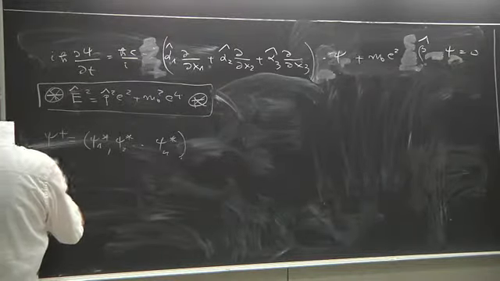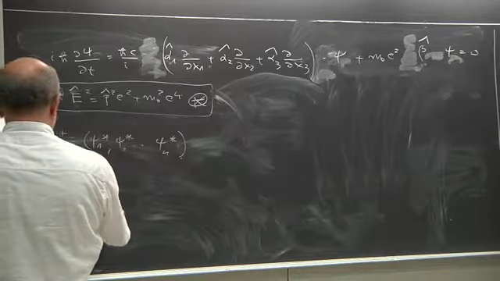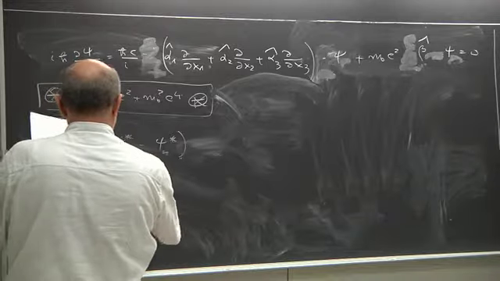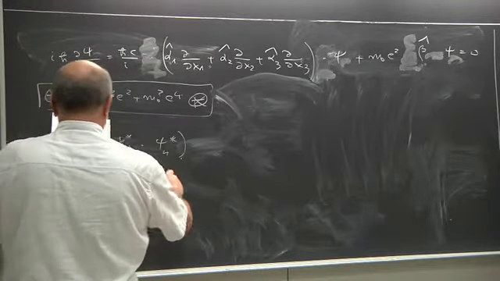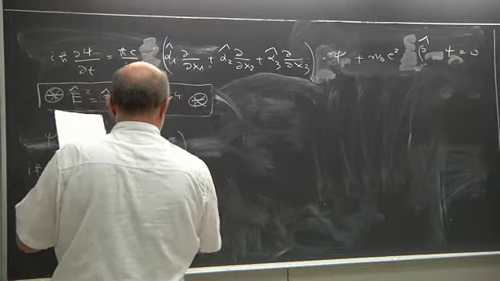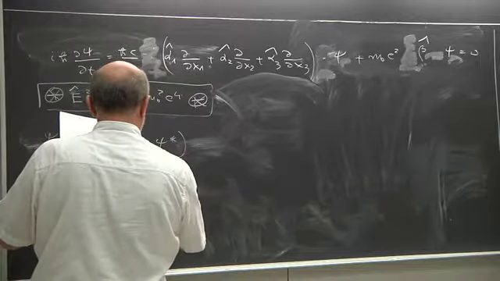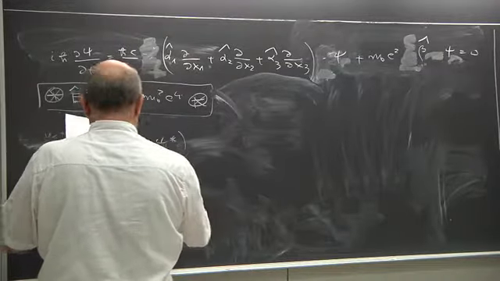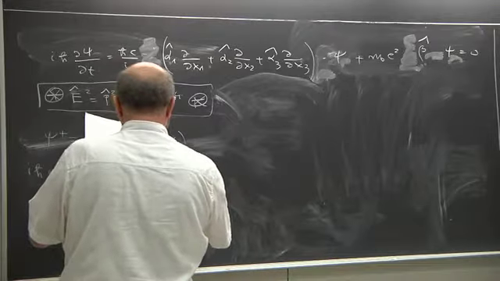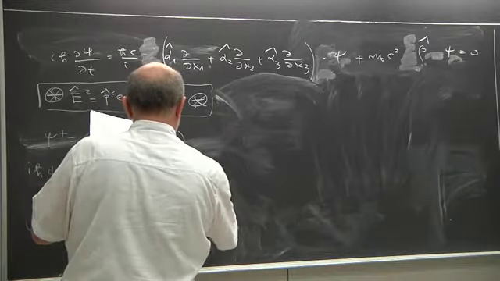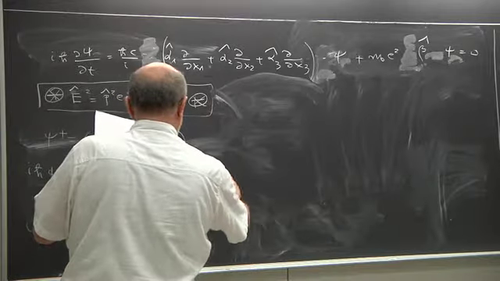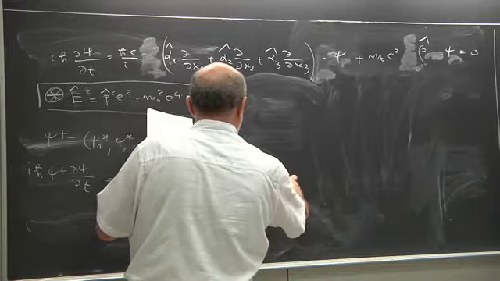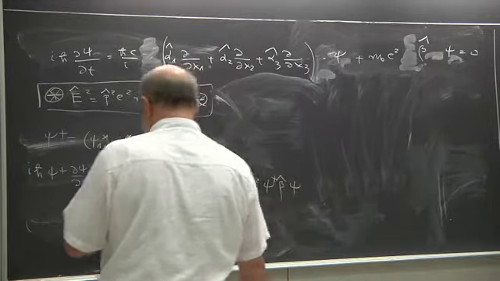We have i h bar psi dagger d psi/dt equal to h bar c times i psi dagger, let's sum over the various matrices i from 1 to 3, alpha_i d/dx_i psi, plus m_0 c^2 psi dagger beta psi.